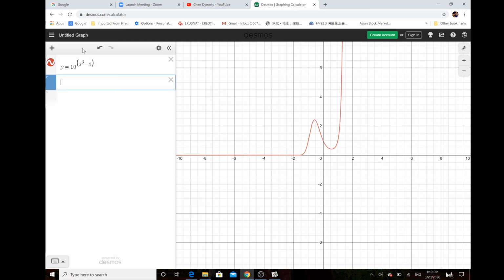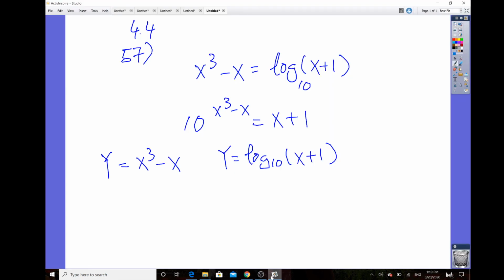Now let's find the one on the right hand side. Since we take log base 10, the other side is just x plus 1. You can type in this one too; eventually it's going to be the same thing.